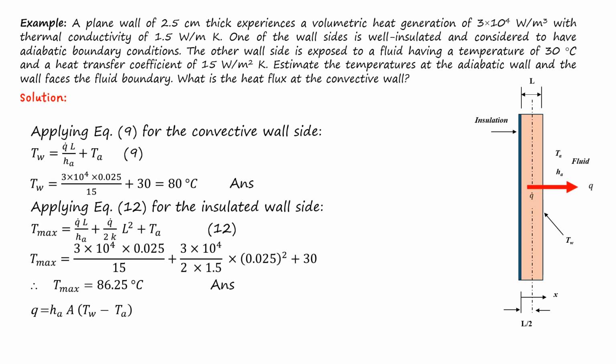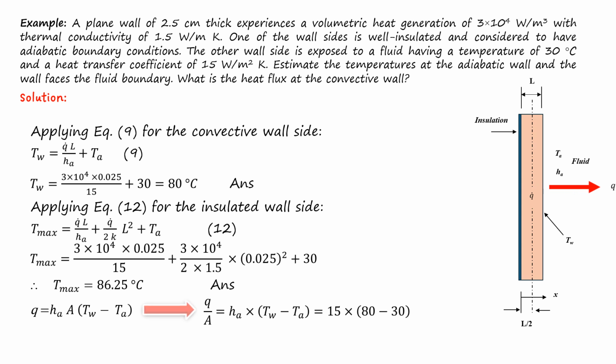And to calculate the heat flux at the convection boundary, Q equal to H sub A times (TW minus TA). Then we will get Q divided by A equal to the heat flux.